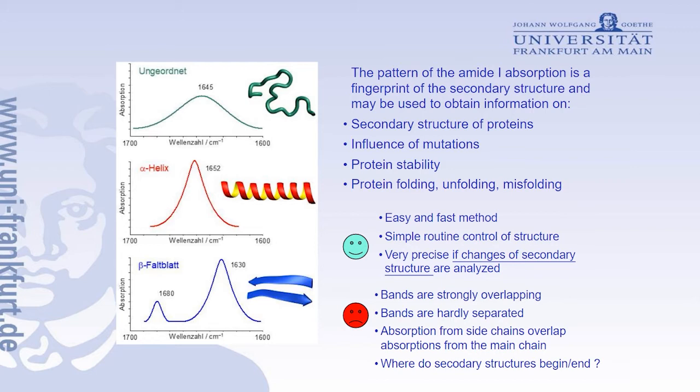It's easy, it's fast, it's a simple routine, but Suja Sukumaran will take you into more details on that. It can be very precise if you look for changes of secondary structure, but the problem is bands are overlapping and hardly separated. And the question is, where does a certain secondary structure begin and where does it end?